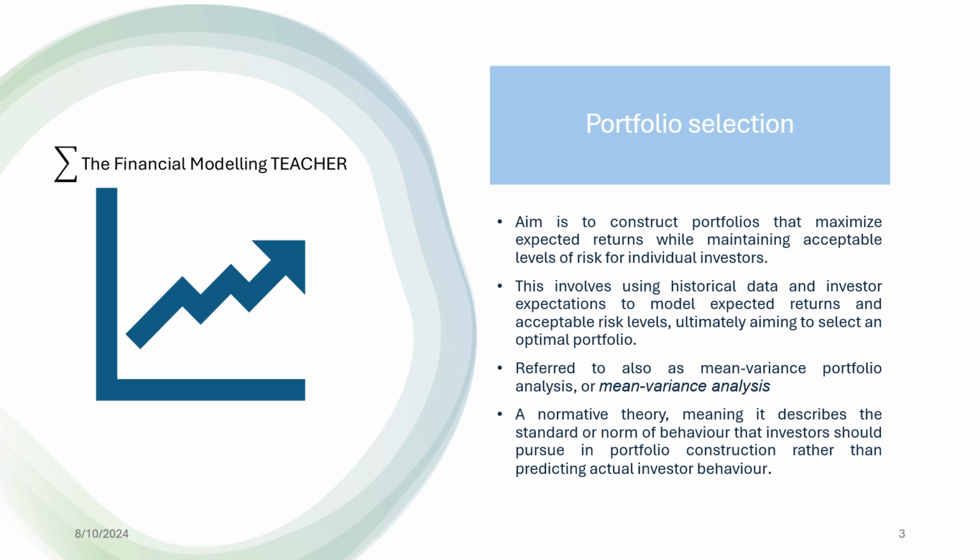It is referred to as the mean variance portfolio analysis. It is actually a normative theory. In other words, it describes the standard or normal behavior that an investor should pursue in portfolio construction rather than predicting the actual investor behavior.